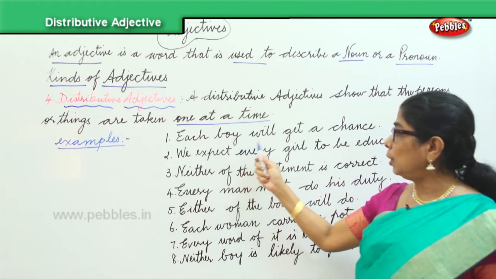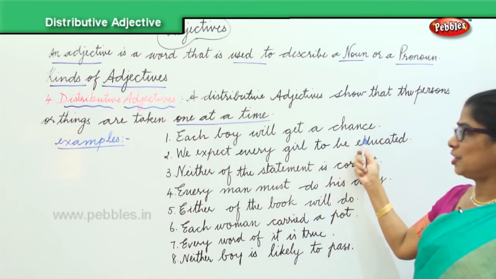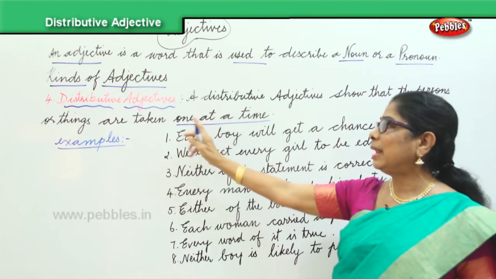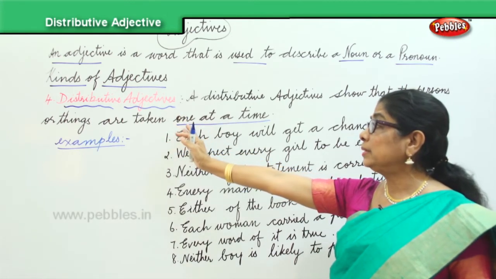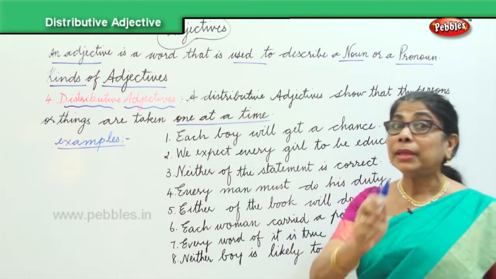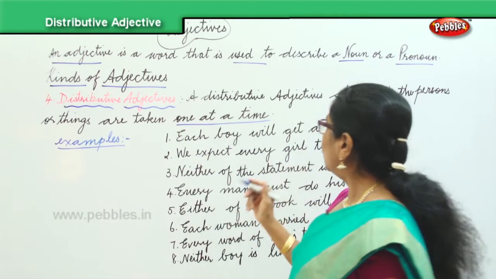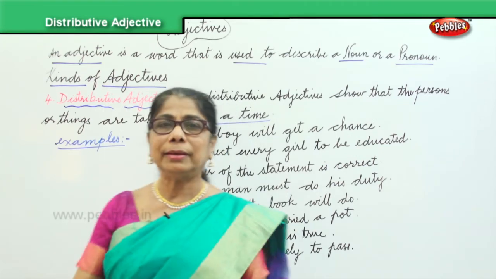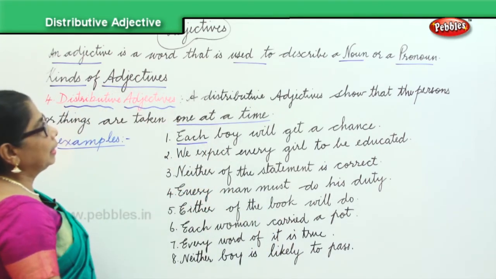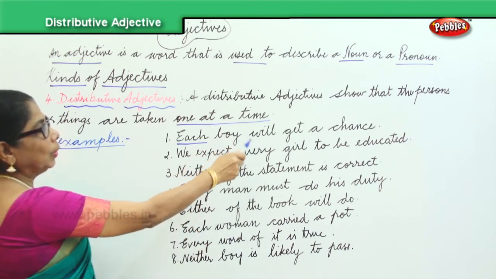Each boy will get a chance. We said a distributive adjective says things or persons are taken one at a time. Each boy will get a, how many? Each boy, not one altogether. So, each boy will get a chance.